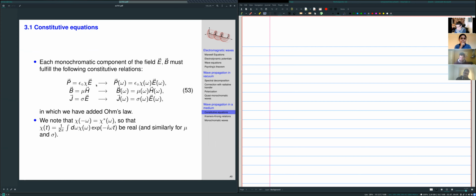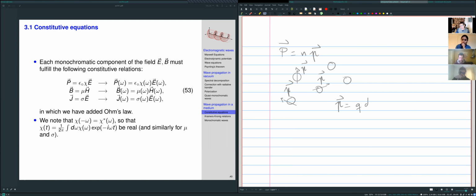So you can think of it this way, that P is n times one little dipole, where we would have atoms or molecules, and each one of them would have a dipole like this. And of course the dipole is a charge times a displacement. Maybe you could add an average over all dipoles in a gaseous medium.